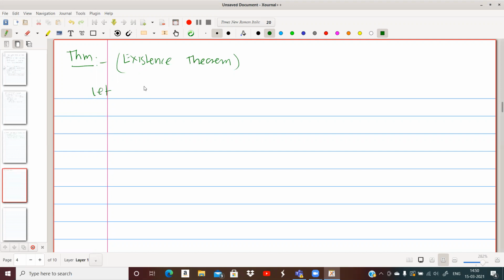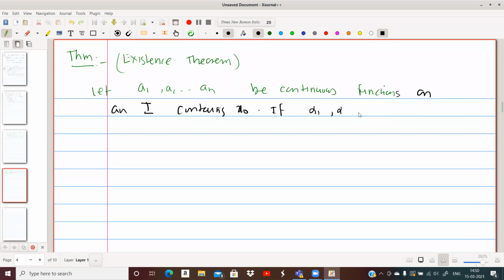So let a1, a2, an be continuous functions on an interval I, a real interval I, which contains the point x naught of the initial condition.